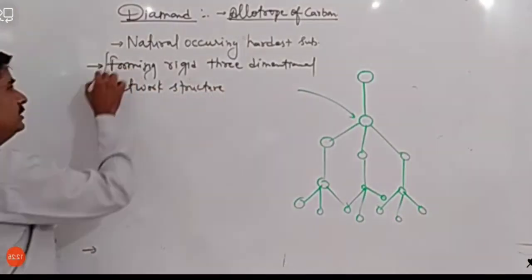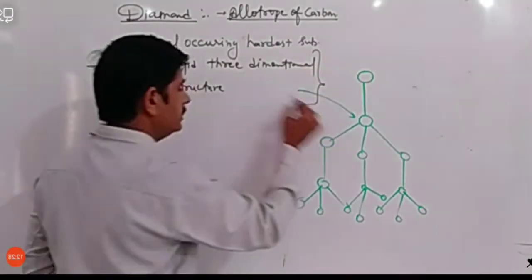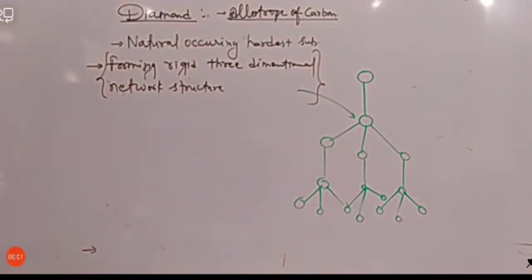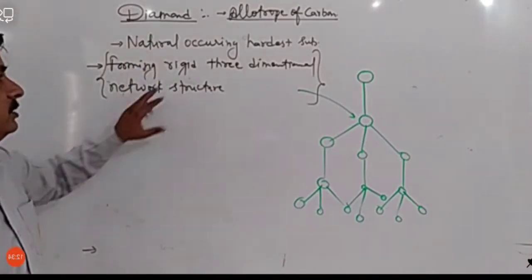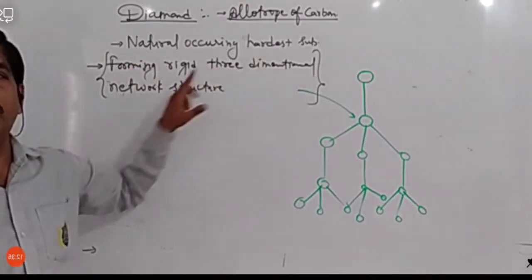Okay. If it is asked that why it is hardest substance, so you can give this reason. This is the reason why it is hardest, because its structure is rigid, three-dimensional network.